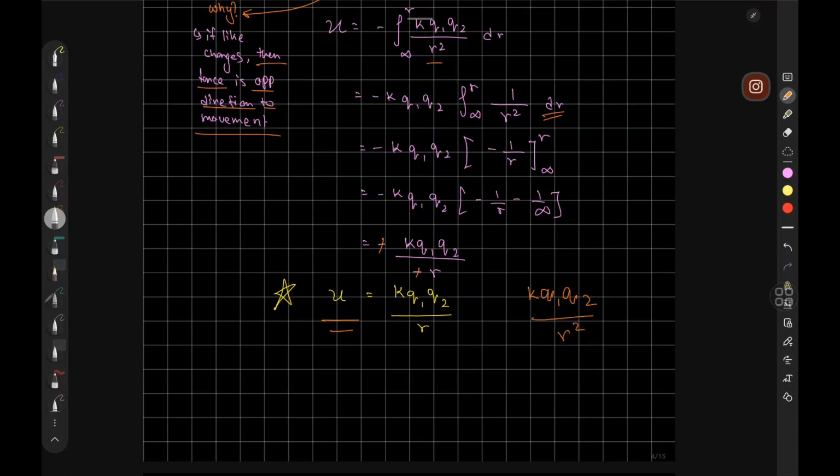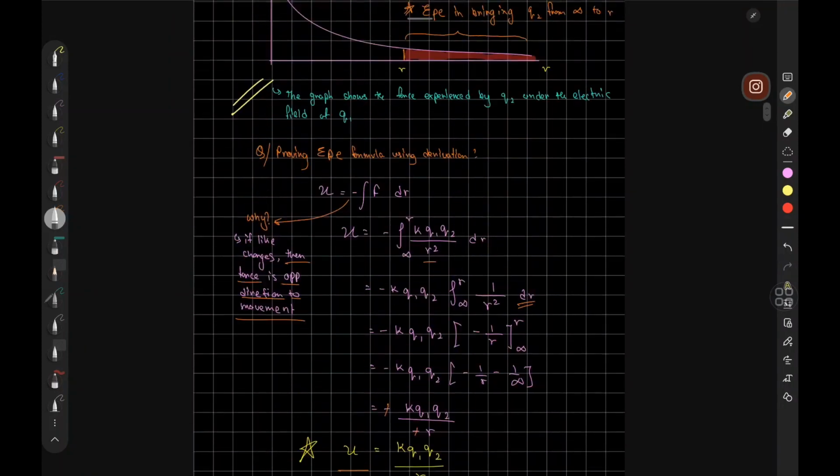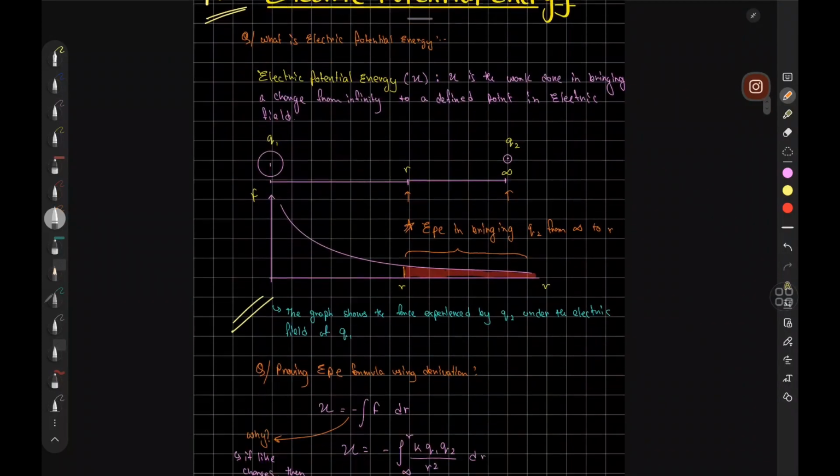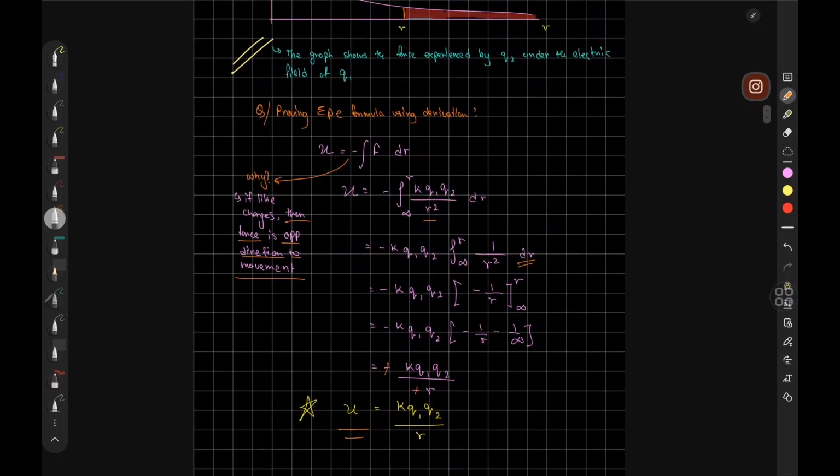So just remember this as removing the square from the separation, and then you have the formula for electric potential energy. Okay, so that is your formula and how we derive the formula for electric potential energy.